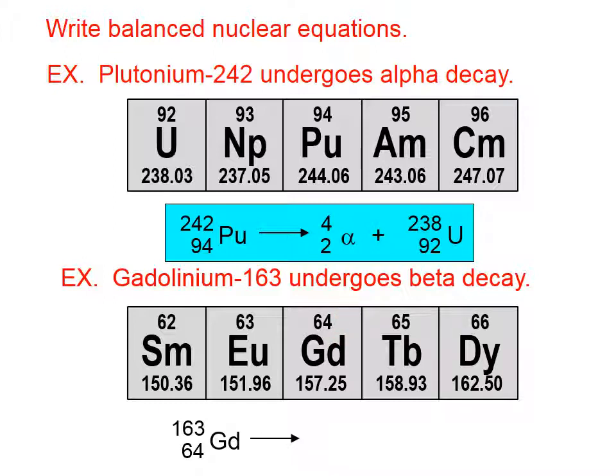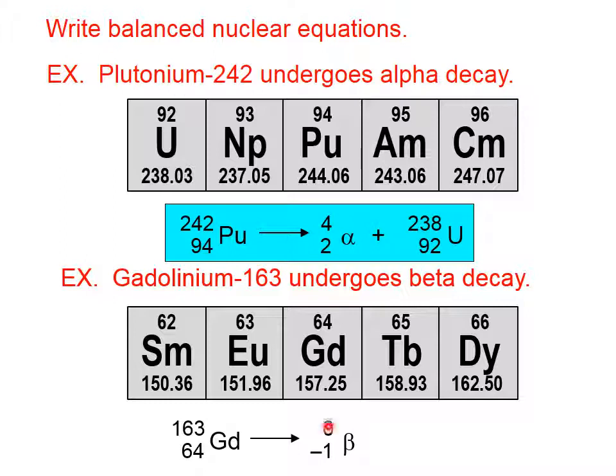So a beta particle, you recall, is represented by a 0 on top, a -1 on the bottom, and then a little beta symbol. That's because a beta particle is a fast-moving electron that's spit out of the nucleus. It has virtually no mass, which is why the 0 is up, and it has a charge of -1. So let's make sure that we have the mass balanced.